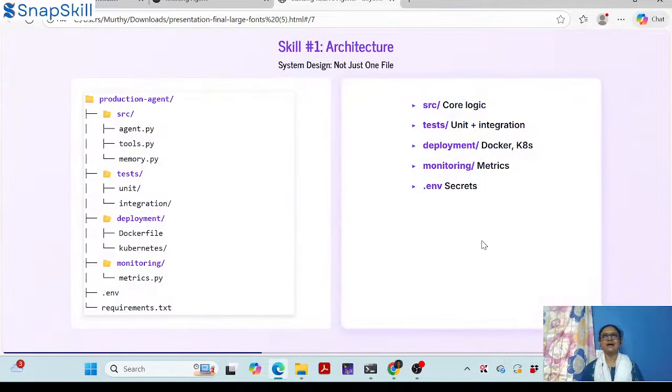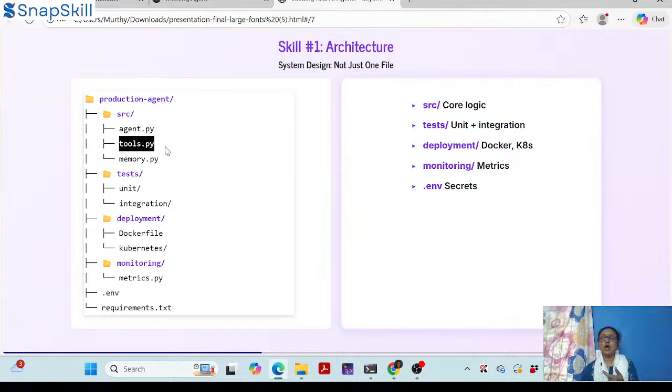What is this orchestration? Orchestration is nothing but, while you are developing agents, you have to build different kinds of files. The first file is called core logic. The second one is called testing. In source also, whatever agent you want to develop. After the agent, what tools are required?